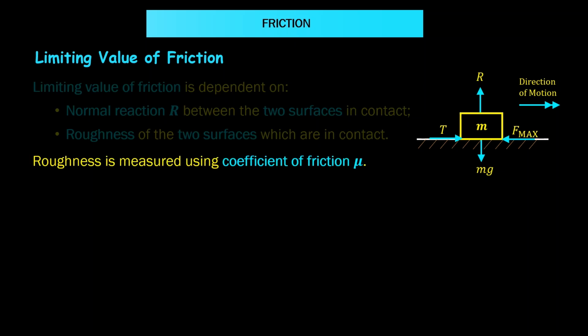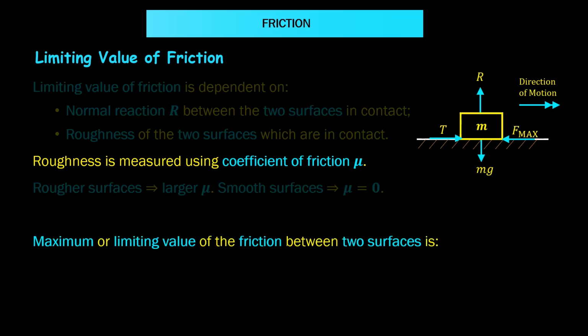The roughness is measured using the coefficient of friction mu. Rougher surfaces imply a larger value of mu. Smooth surfaces imply mu equals 0.